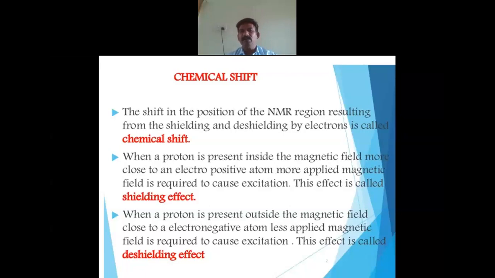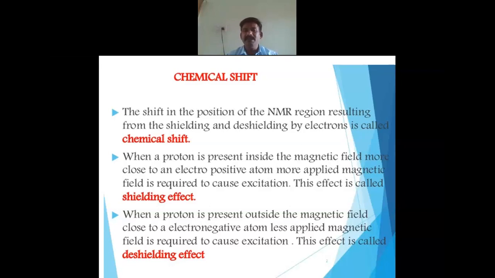When a proton, meaning hydrogen, is present inside the external magnetic field, the sample is placed in the instrument in the external magnetic field. What happens inside the magnetic field? If the proton is close to an electropositive atom, more applied magnetic field is required to cause excitation.